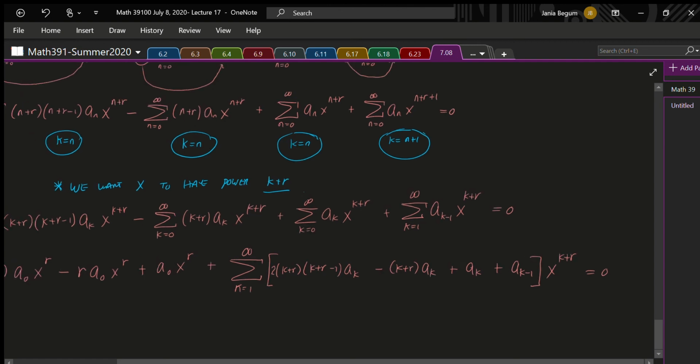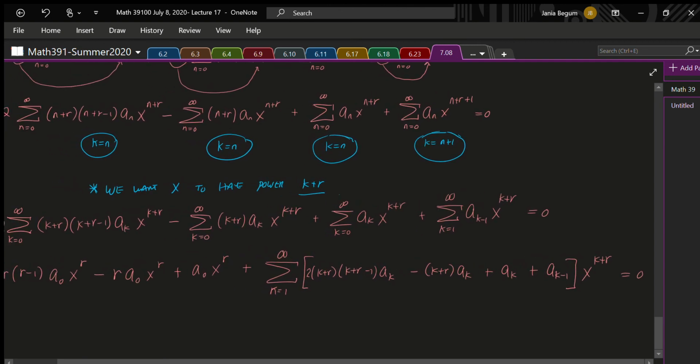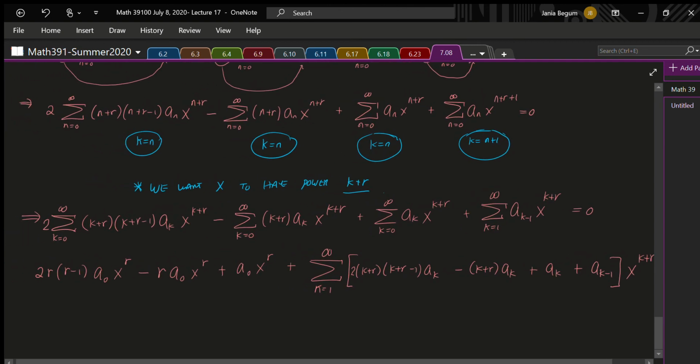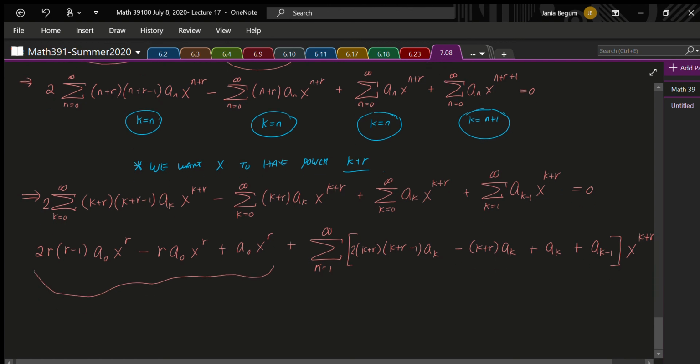Okay, so a lot nicer than what we had before. Now what do you notice? So these are the k equals 0 terms, right? And these are the initial terms. So check what happens with these. If I rewrite them and factor out a0 and x to the r, we have a0, x to the r times 2r, r minus 1, minus r plus 1, plus that giant summation, right?